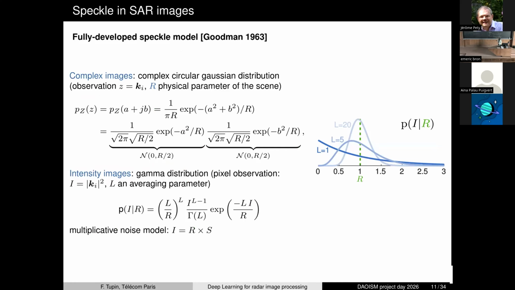If we know the reflectivity, that means the mean backscattering value of the field, I have some distribution for the real part and the imaginary part, conditionally, of course, to this reflectivity information. I can deduce the different PDFs that, given an observation, I could use to define this statistical behavior.